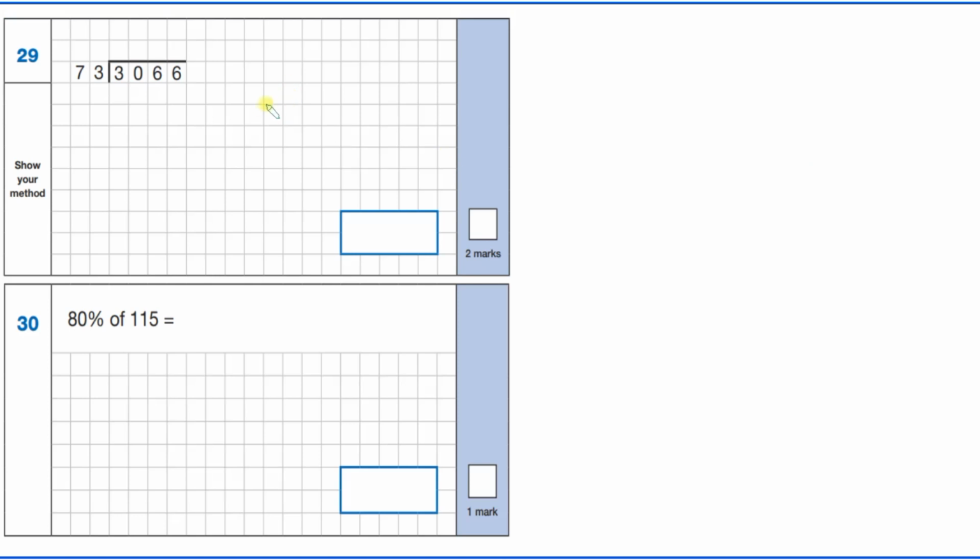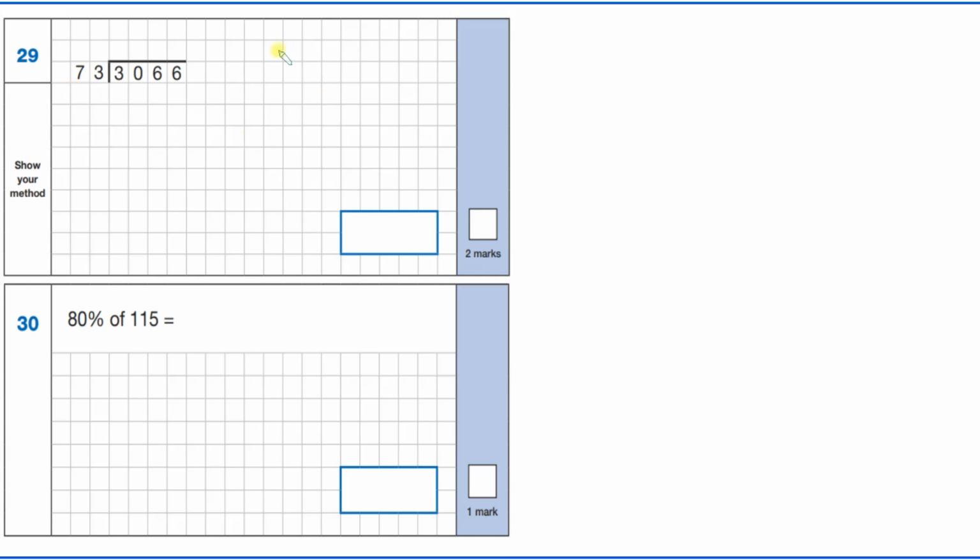Question number 29. 73, you are dividing 3066. This type of question takes some time. You can see the marks is 2 marks, so you can take some time to write the formula by one. What do you mean by formula?